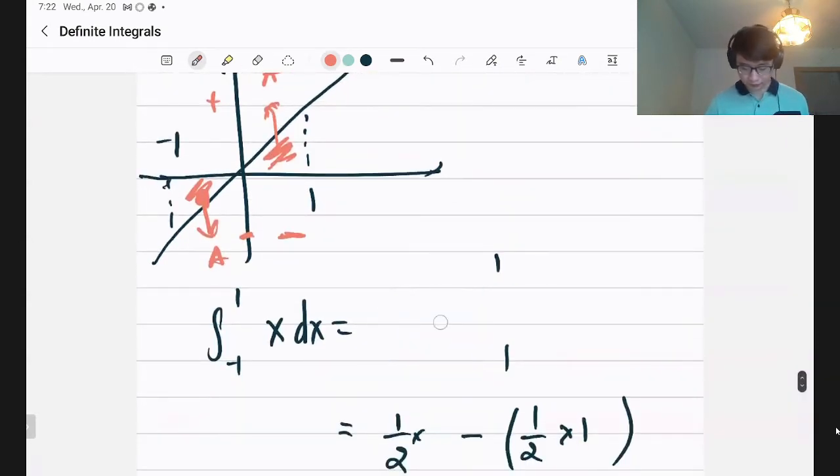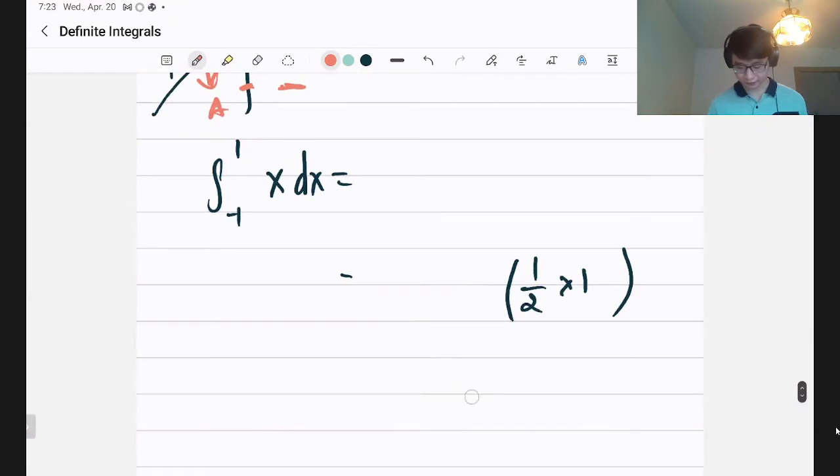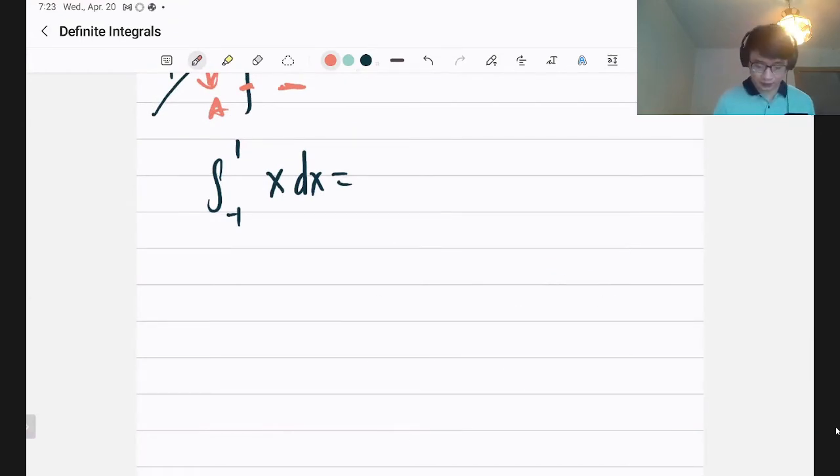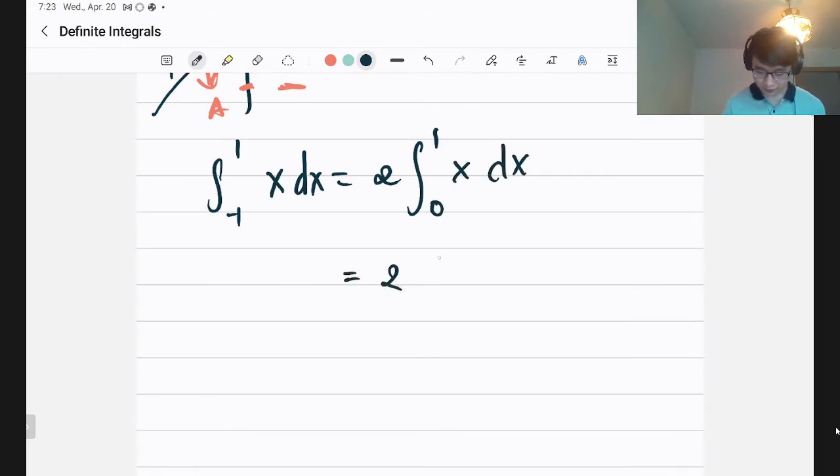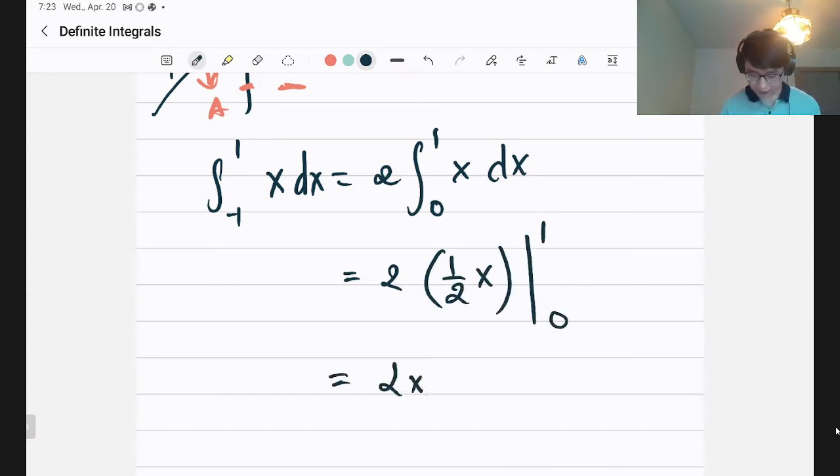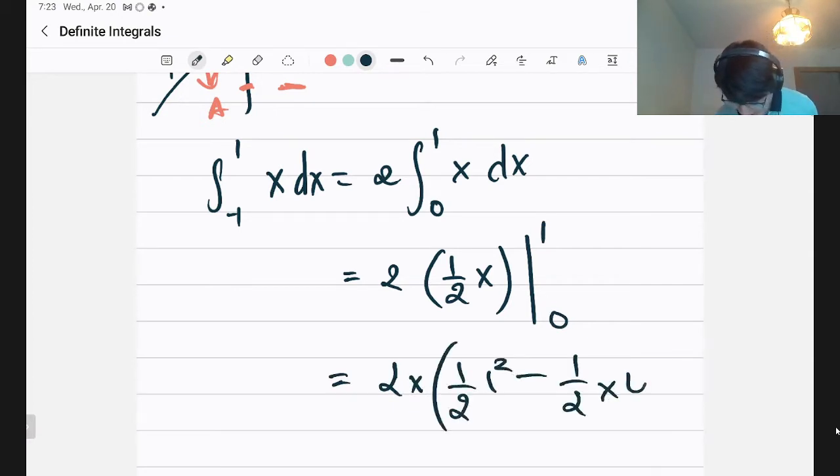I shouldn't have erased that, so I'm rewriting that one. It's okay to rewrite it anyway. Now, if I rewrite this one, it's the integral from 0 to 1 of x dx, right? So it's equal to 2 times 1/2 x squared, evaluated from 0 to 1. Now everything seems to make sense, right?